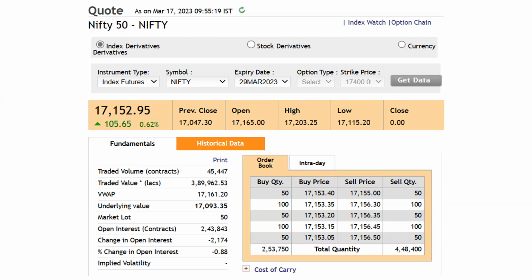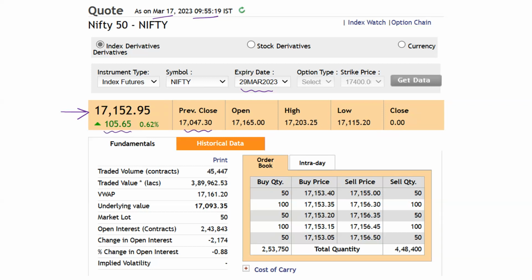So here we are having Nifty futures. The date is March 17th. The time is around 9:55 a.m. Here we can see that Nifty futures that are expiring on 29th March are trading at a price of 17,152.95. The previous close was 17,047.30.